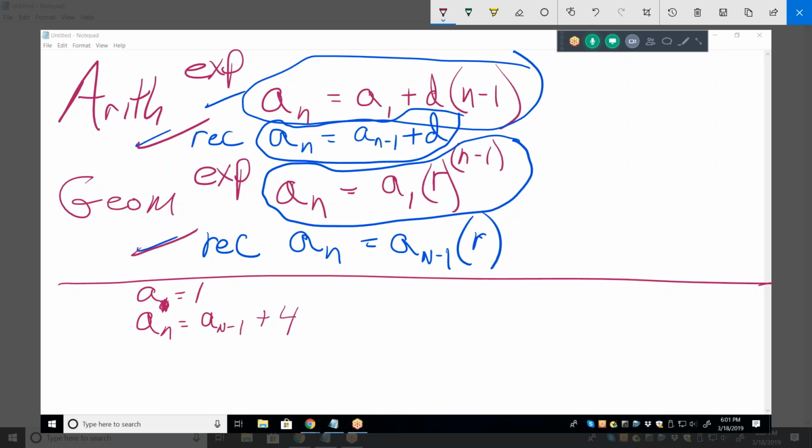Okay, well, based on the recursive definition, what is D? 4. Okay, so now we can write the explicit definition. We know a sub 1 is 1. We know what D is. So now I can simplify that. Usually you can always simplify the explicit definition.